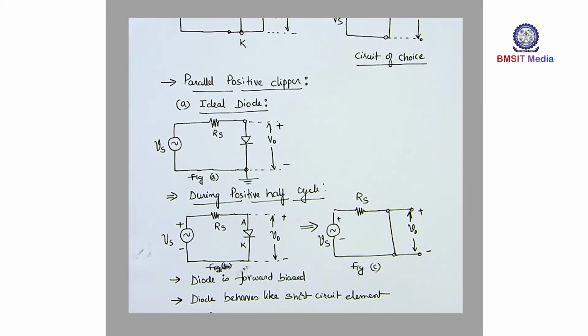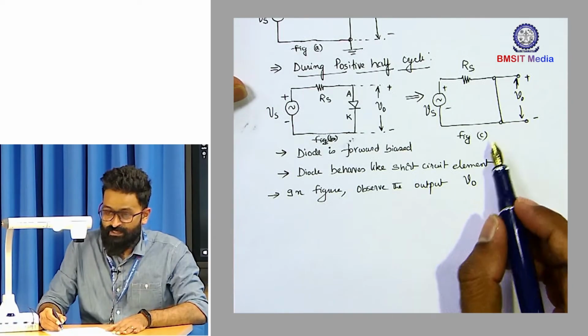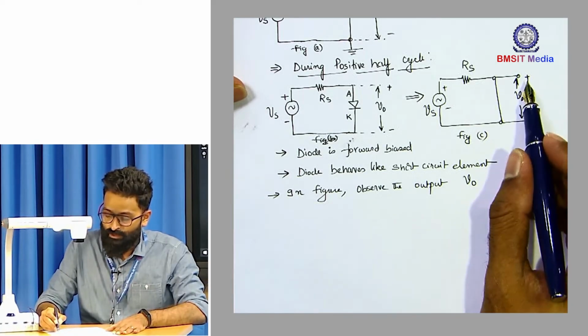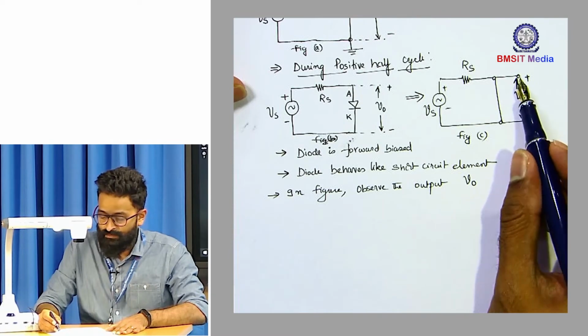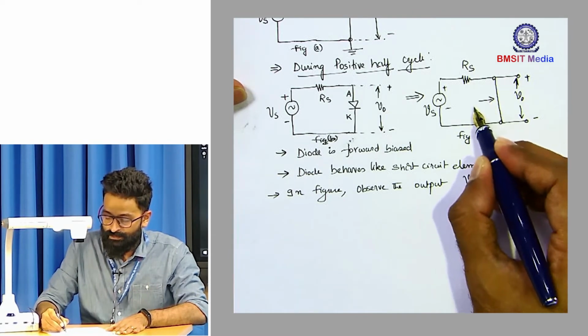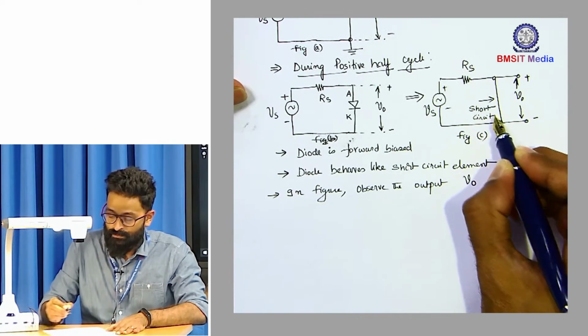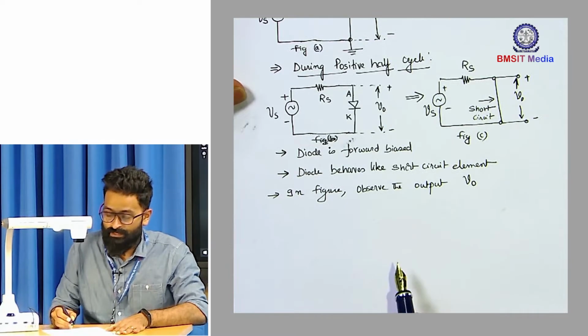In figure C, observe the output V0. If we look at the output, what are we observing? We are measuring the output across the short circuit. So this is your short circuit. In a short circuit, the voltage is 0.